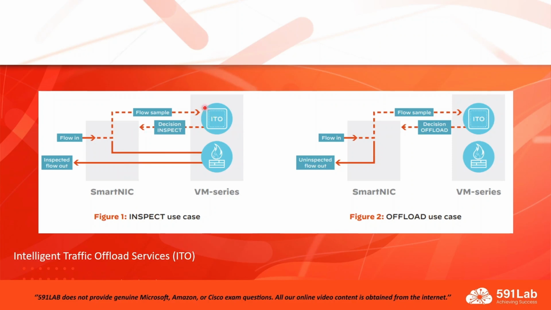If ITO determines the traffic should be inspected, then the rest of the traffic will be forwarded by Smart NIC to the VM-Series. Otherwise, if ITO determines that the traffic can be offloaded, it will command the Smart NIC to forward the traffic directly to the destination without inspection by the VM-Series.